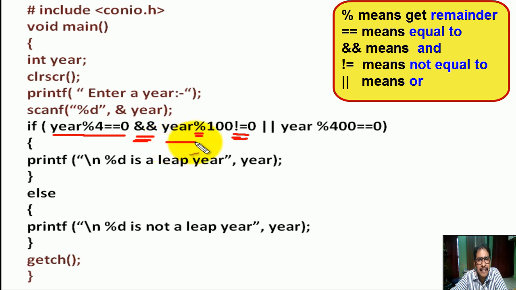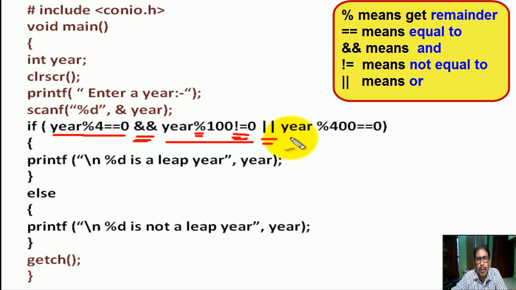So year not divisible by 100, remainder not equal to 0. This is the OR operator, logical operator, meaning logical OR.